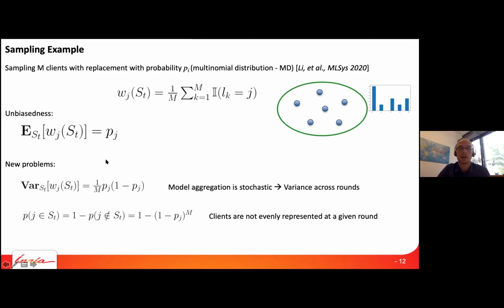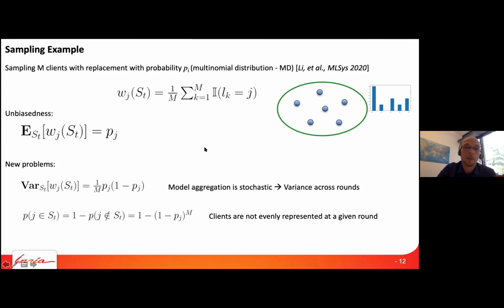So each client is associated with its own probability P. And so we have a variance for each client in its selection process. So the weights vary, and so they can generate through the iterations variability in the way we converge, because in the way we aggregate, we have variability in the model we produce.